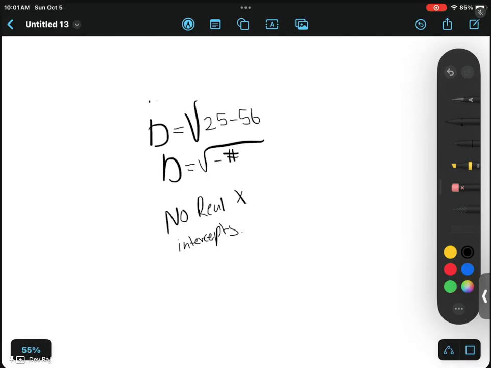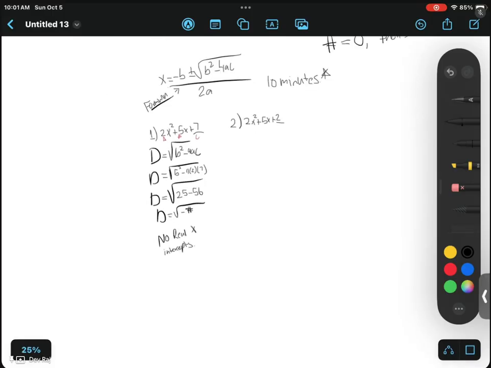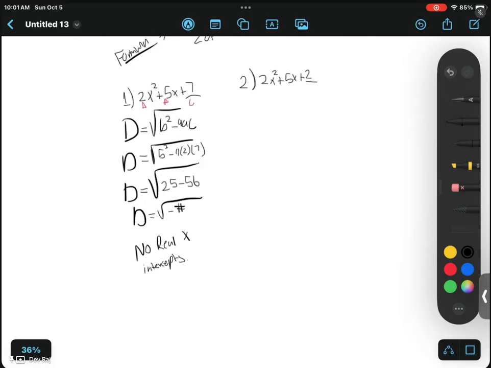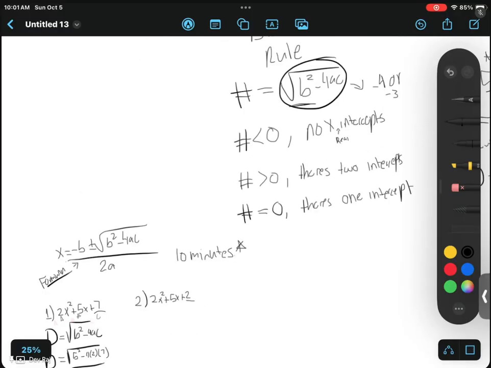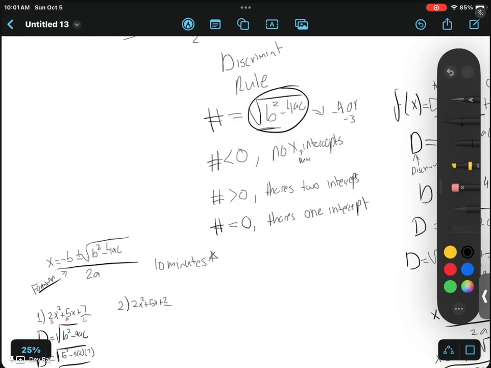Is this clear for everyone? Yeah? Okay. Amrita, do you understand why we can't get x-intercepts for this one? Yeah. And we'll do more with this next class as well. This class was more like an intro for this.